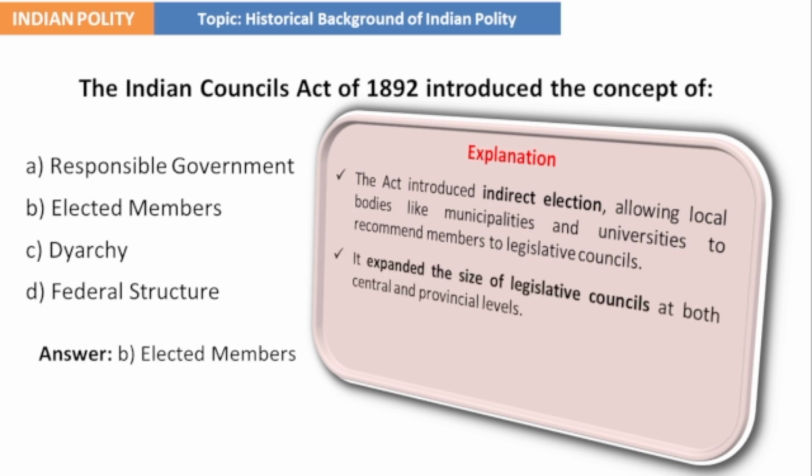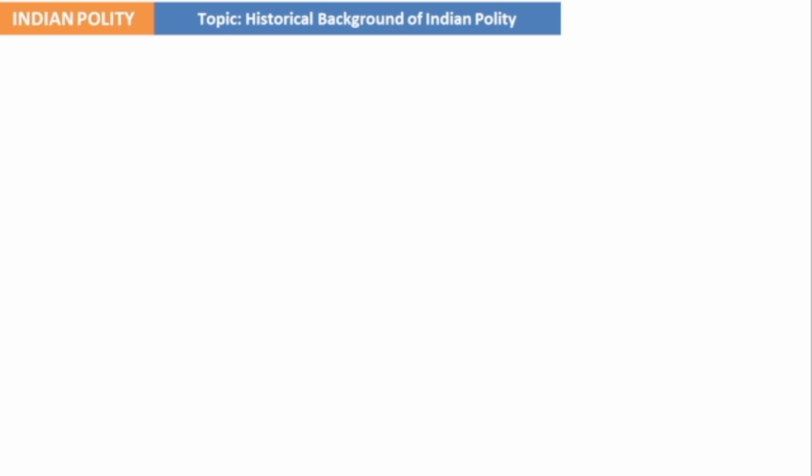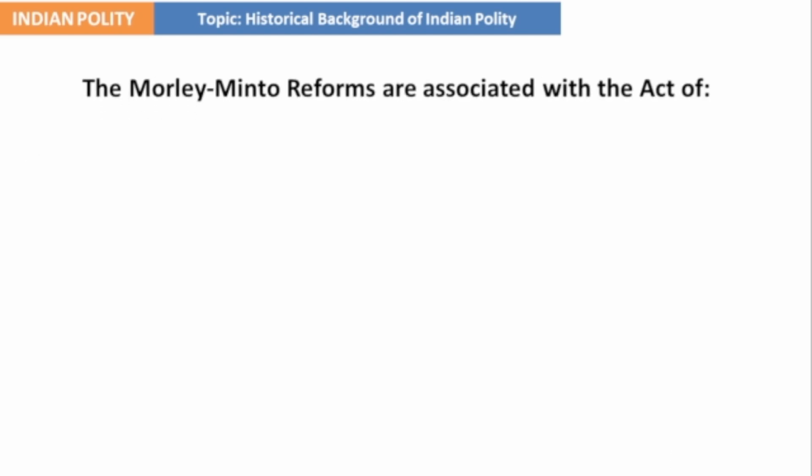It expanded the size of legislative councils at both central and provincial levels. Members were given the right to discuss budget and ask questions, enhancing legislative function but without voting power.